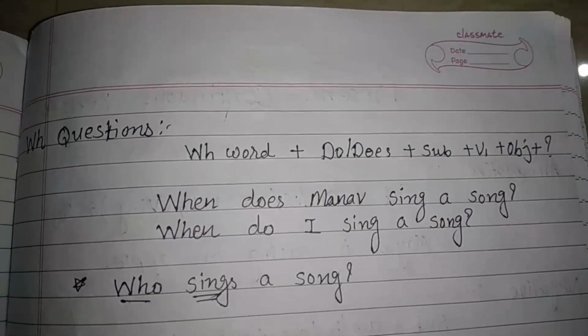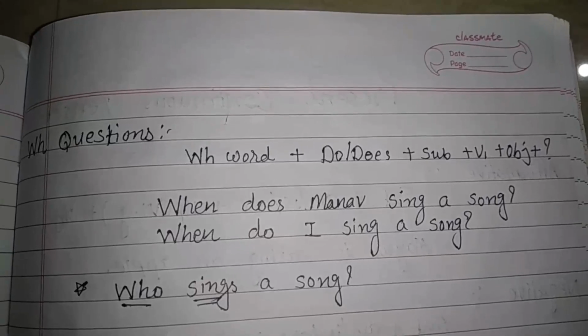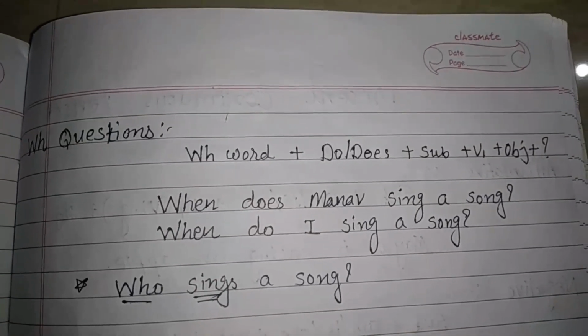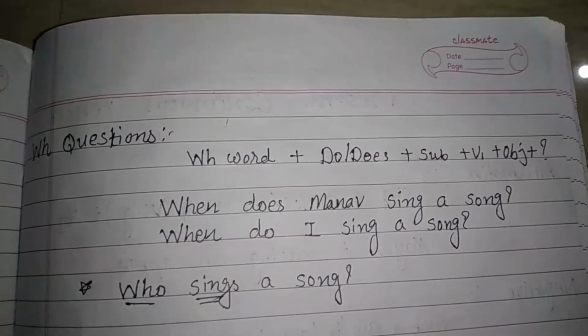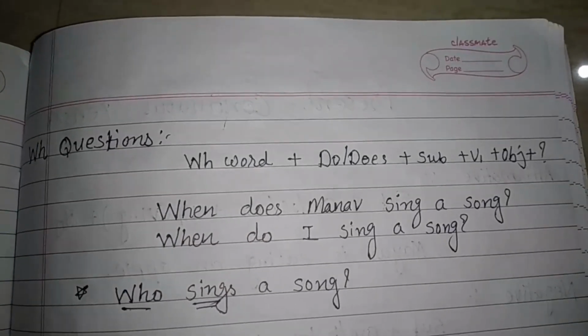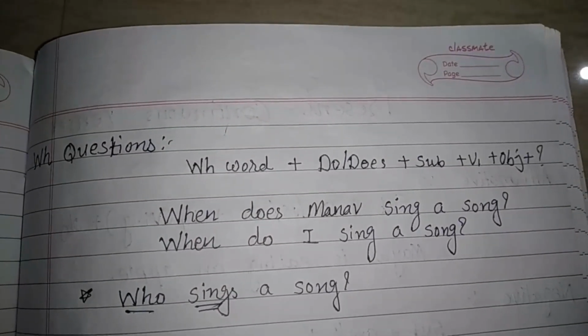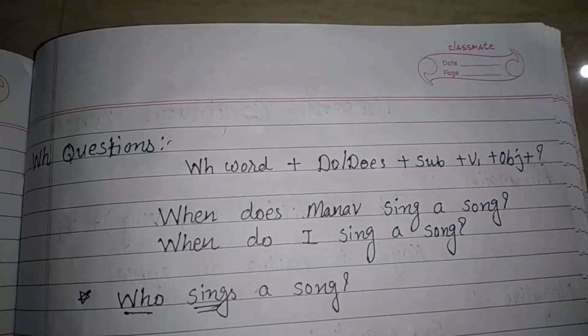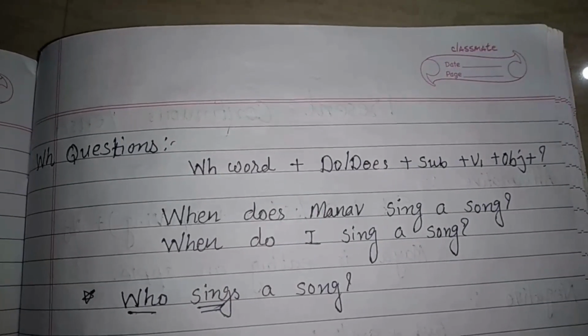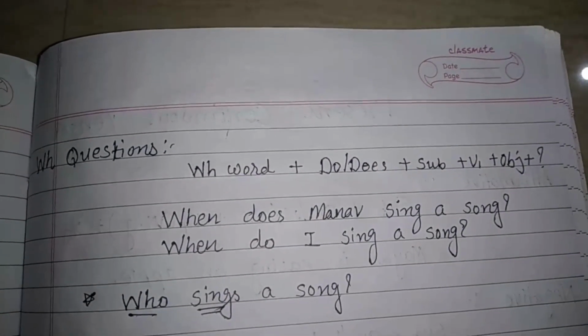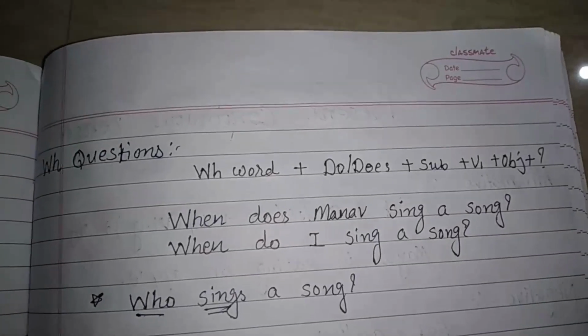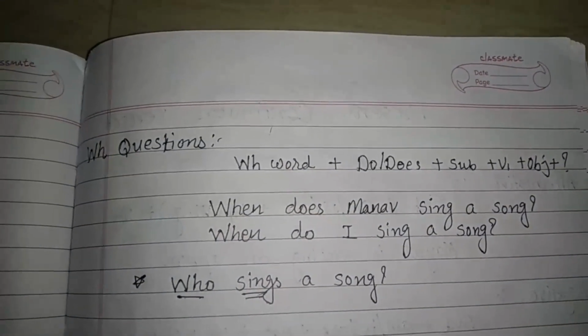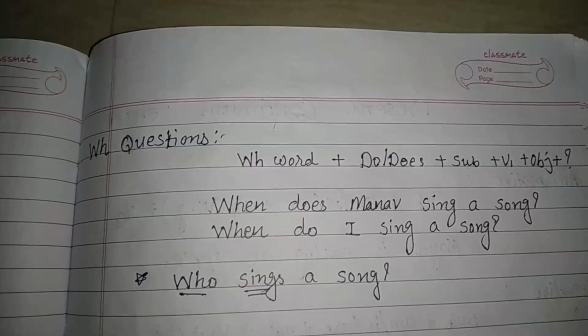Now you have to remember one thing, especially in simple present tense. If you are using WH word who, then you will not use do or does to make the question. You will write who sings a song. So remember this well. Now, I hope you understand well.